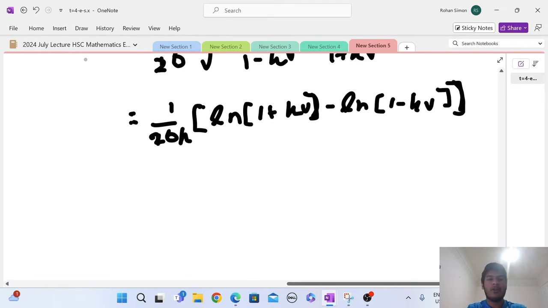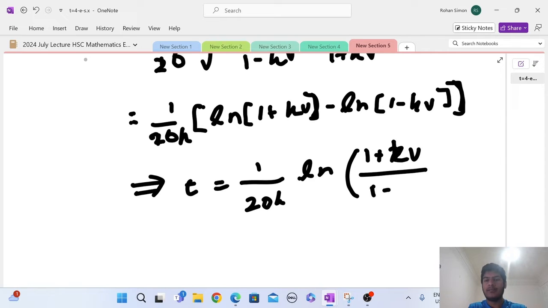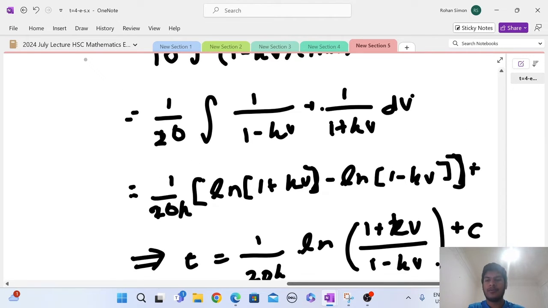And so from there, we can express that as t equals 1/(20k) ln((1 + kv)/(1 - kv)), and we've got the plus c as well, because it's an indefinite integral.